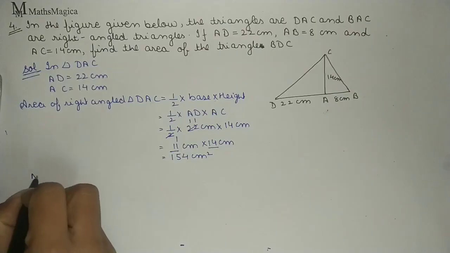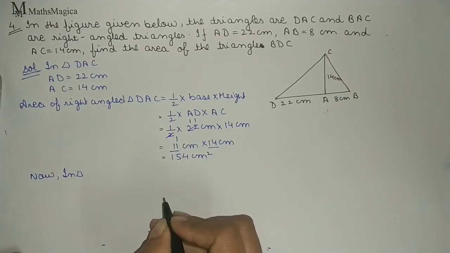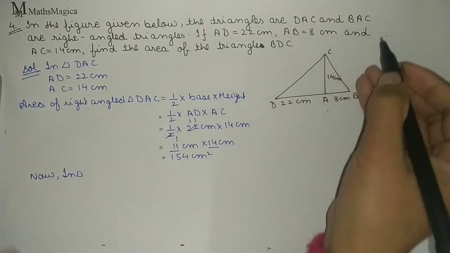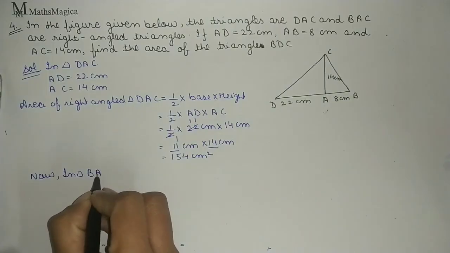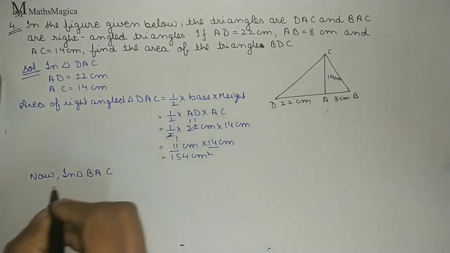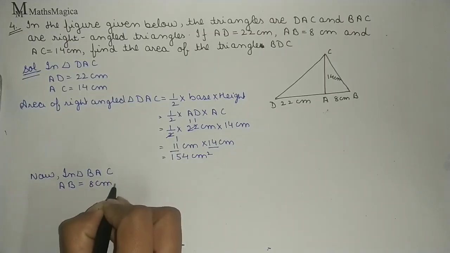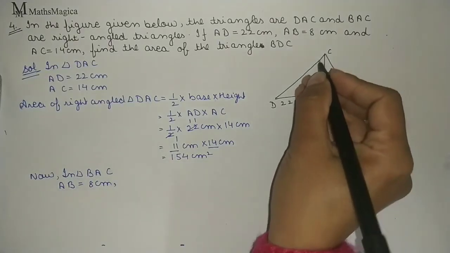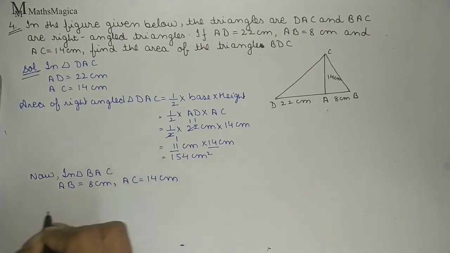Now in triangle BAC, AB is 8 centimeter, AC is 14 centimeter.